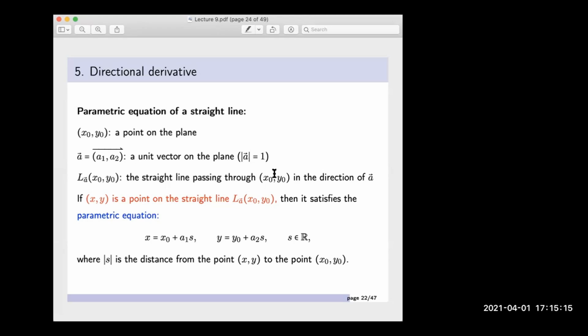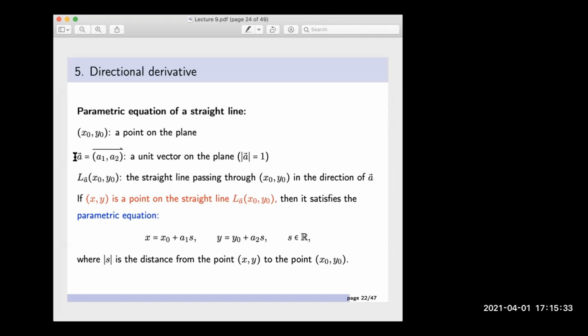So what if x and y change simultaneously in a given direction, a, for example? In this case, what's the rate of change of the function?